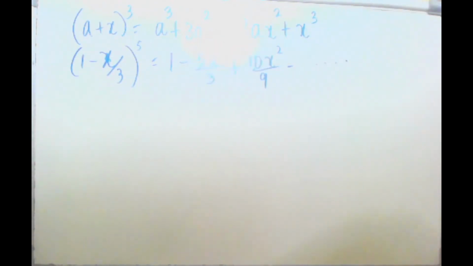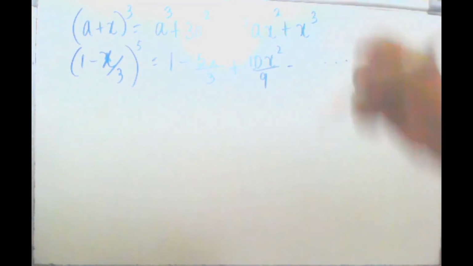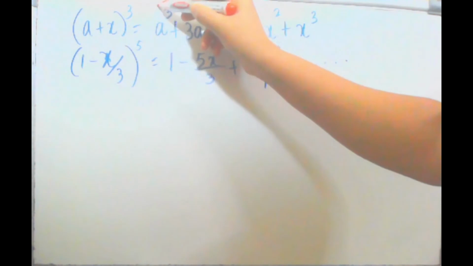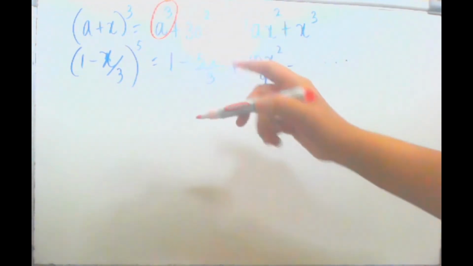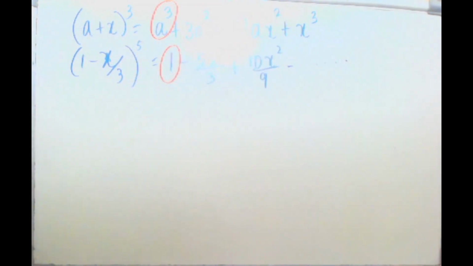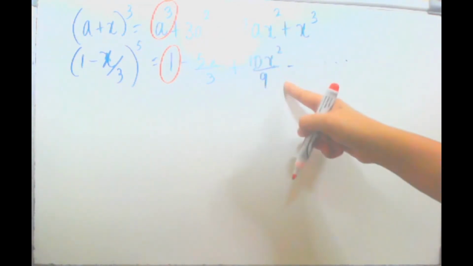Now let us carefully observe and see which terms multiplied together give us a constant. That means without any x. So this is the constant. So this constant, when multiplied by a constant from the second bracket, gives us the constant. But if you observe all other terms, they will have an x with them, so they can't give us the constant.